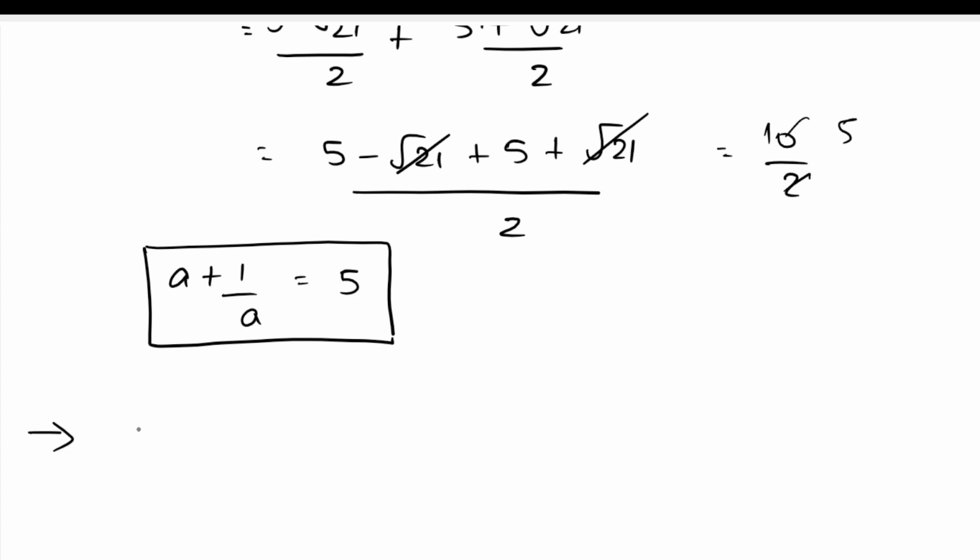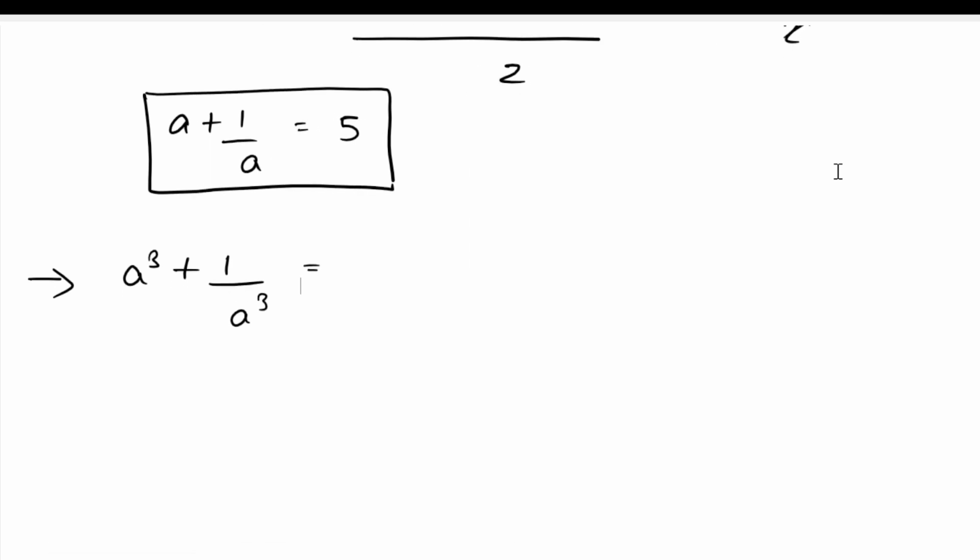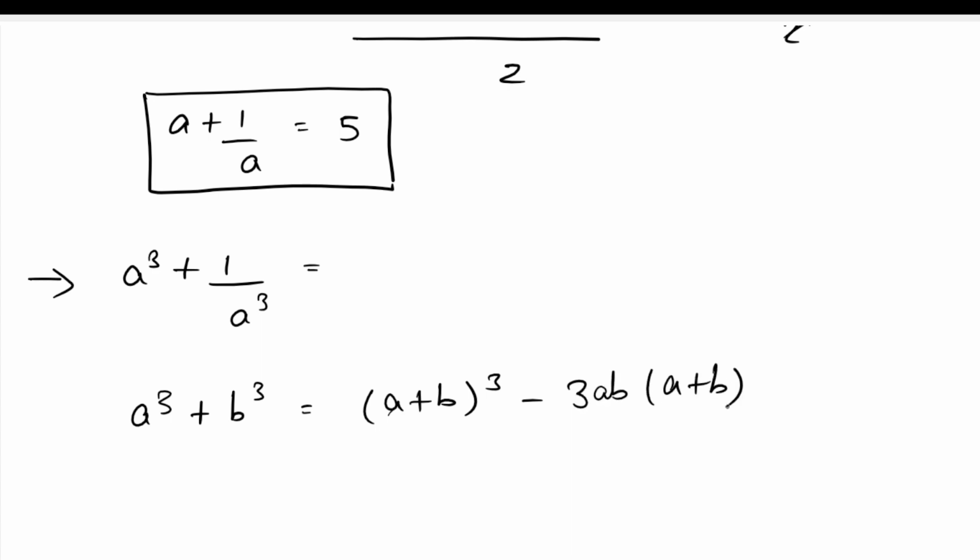Now next, let's find out what is a cube plus 1 by a cube, which is equal to, here I'm applying the formula a cube plus b cube, which is equal to (a plus b) the whole cube minus 3ab into (a plus b).